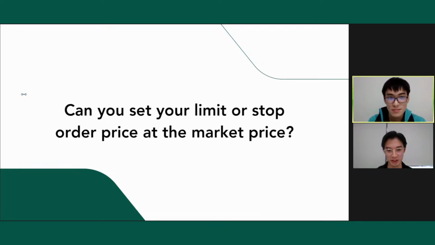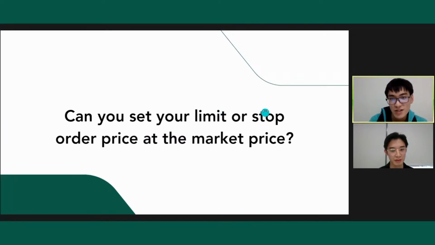Let's answer the first question. Can you set your limit or stop order price at the market price? Yes, you can. A buy limit depends on what price you set, and you can set it at the market price.